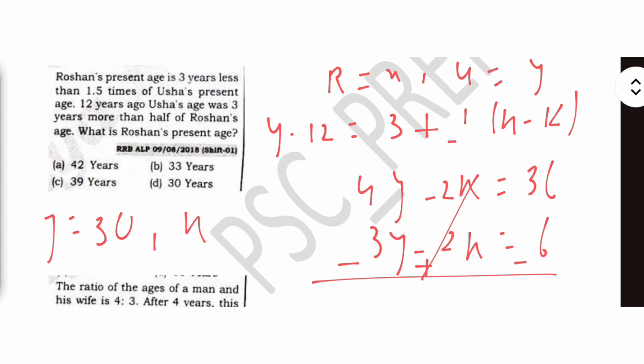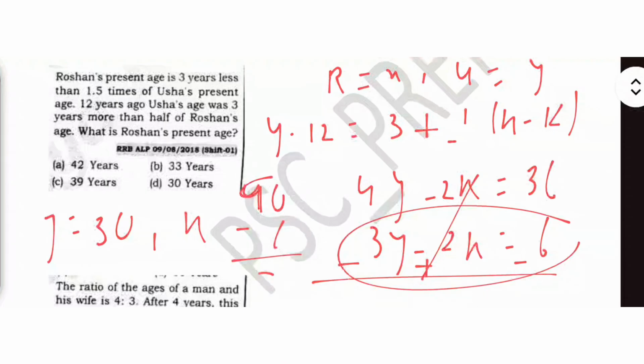We have to find x. We can substitute in any of the equations, even in this equation. 3y, that is 90, minus 6, that is 84, and 84 divided by 2, we have 42 years. If you substitute in this equation, you will find the value of x, that is Roshan's present age.